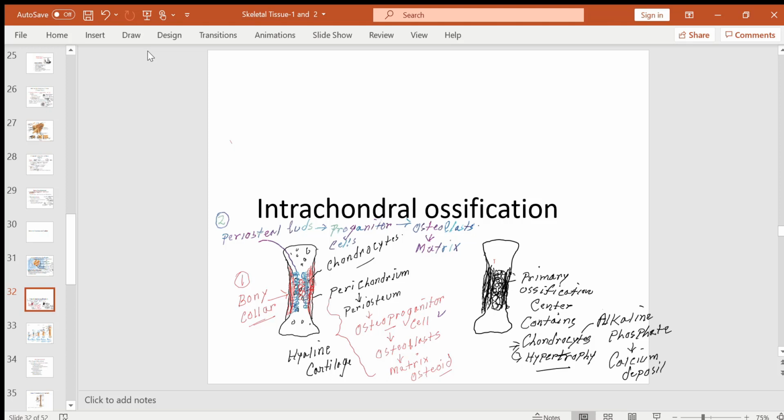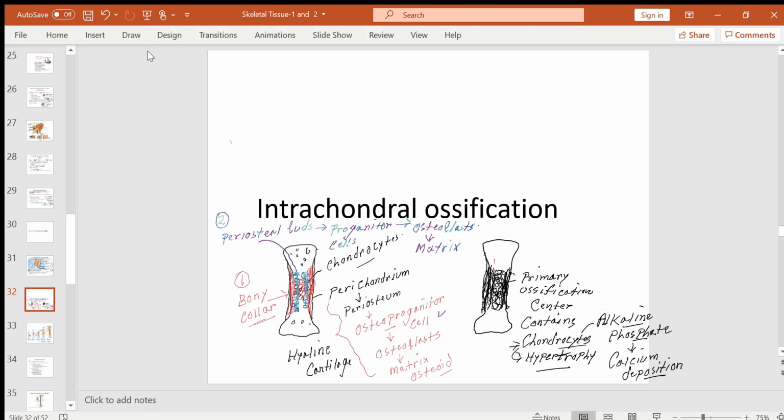So a lot of calcium will be deposited in this area. If this area gets filled with calcium, that calcium is the inorganic compound of the matrix of the bone, right? So calcification will occur here because of the alkaline phosphatase secreted from the chondrocytes.